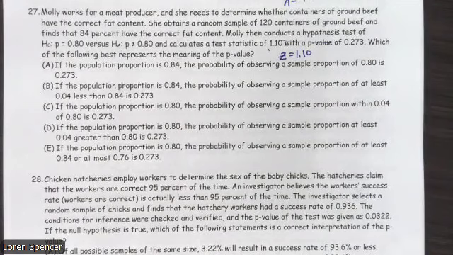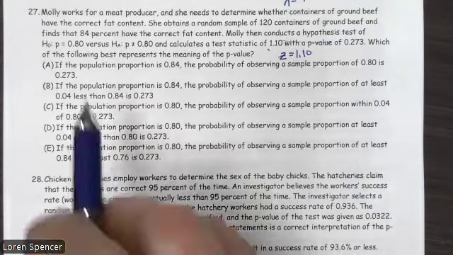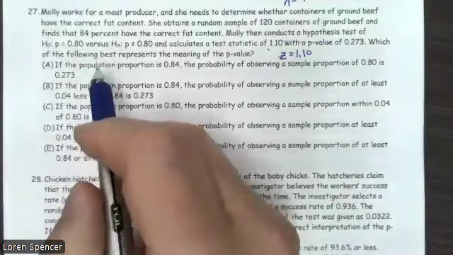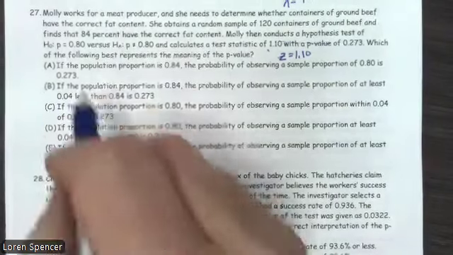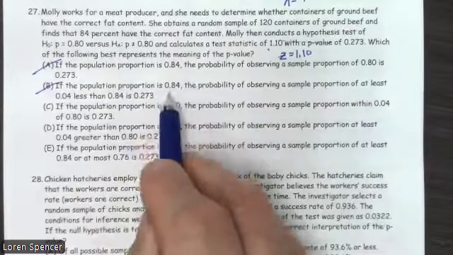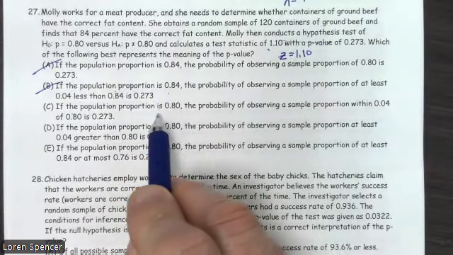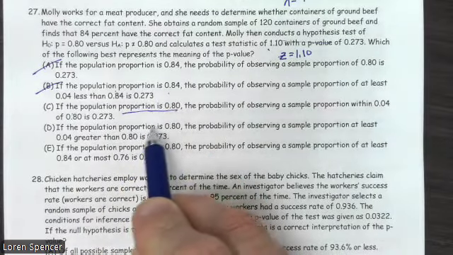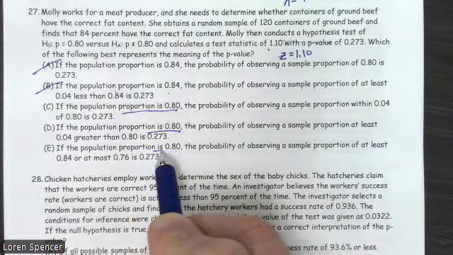All right. So the p-value is the probability of getting a test statistic this extreme if the null hypothesis is true. So if P equals 0.80, all right? So that gets rid of this one and gets rid of that one because this says 0.84, if the population is 0.84. This says if the population is 0.8.